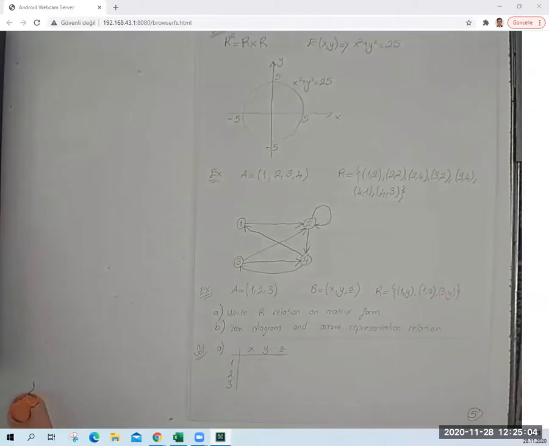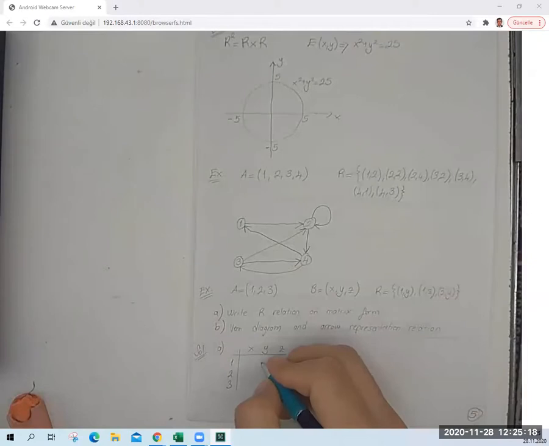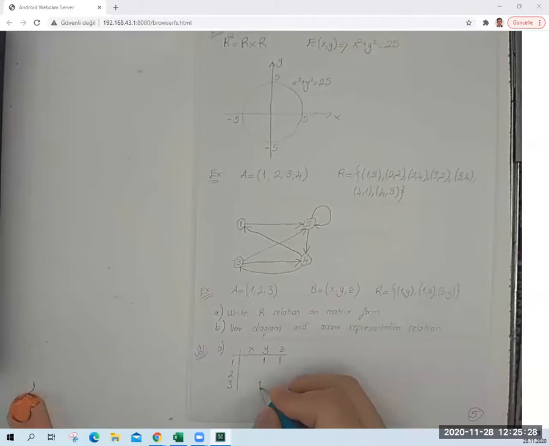I defined before for the relation, and columns are my range. So 1 to Y, I have a relation. I will put here a 1. 1 to Z, I have a relation. I will put here 1. And 3 to Y, I have a relation, here 1.